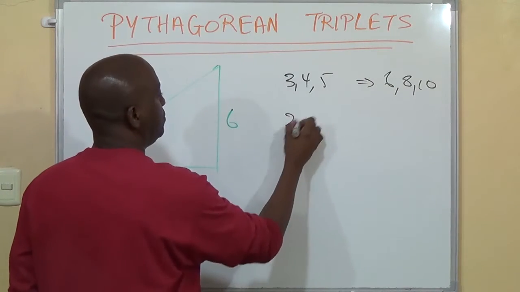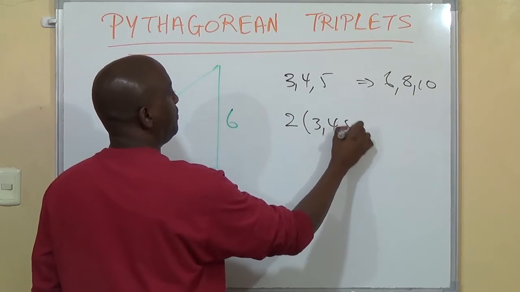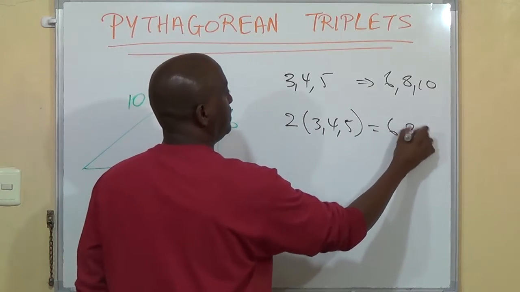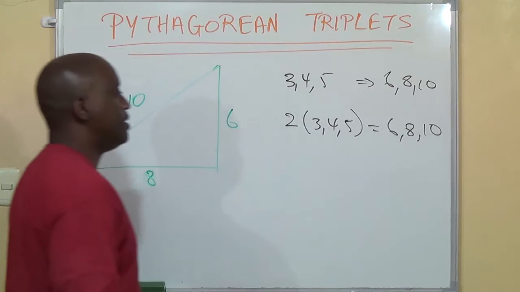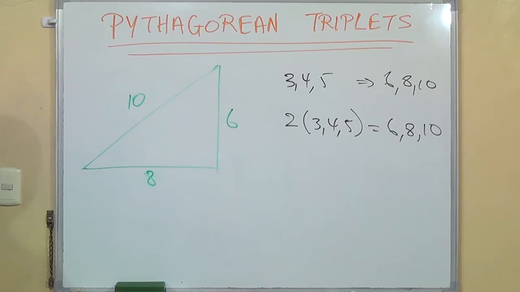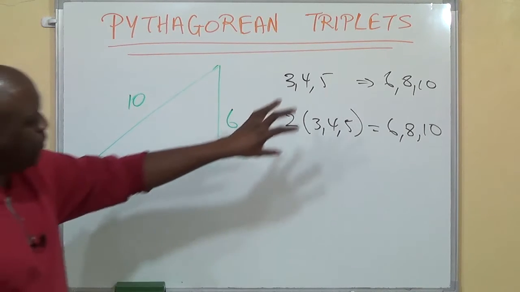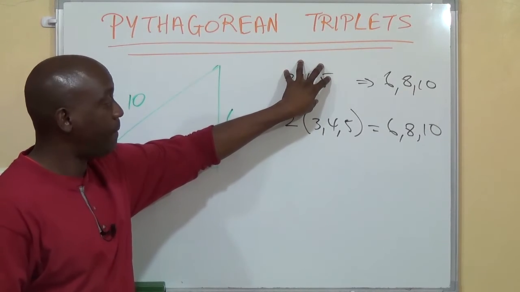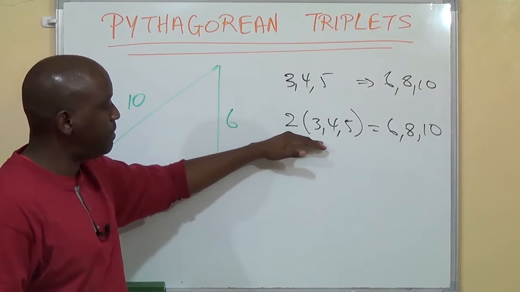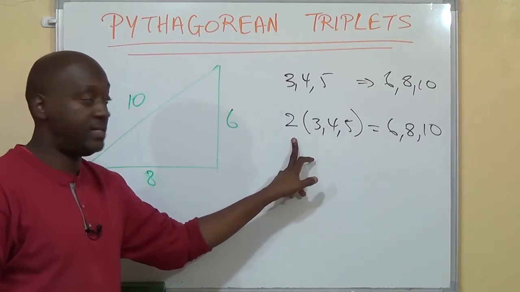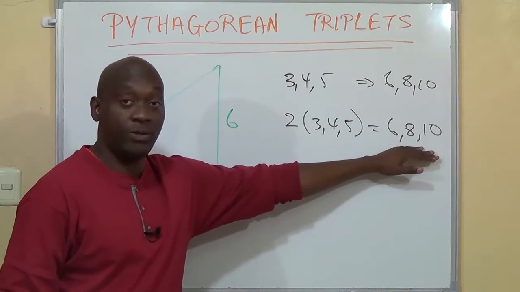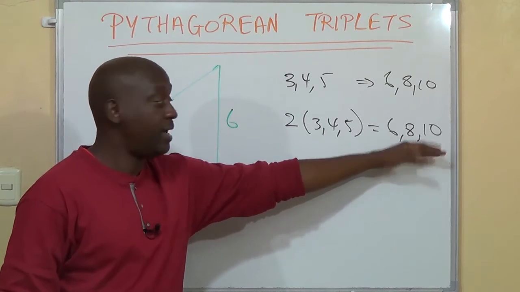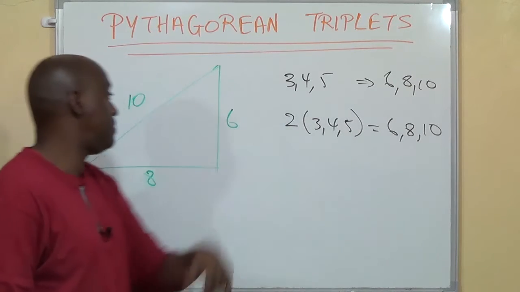So 2 into 3, 4, 5 is equal to 6, 8, 10. In other words, you know the basic Pythagorean triplet, and anytime you multiply that by a positive integer, you'll also get a Pythagorean triplet. And if you want to work it out just to be sure, let me check it out.